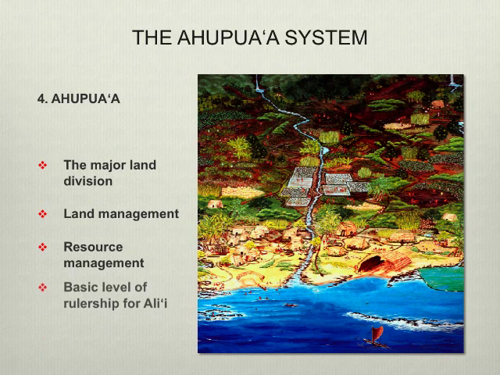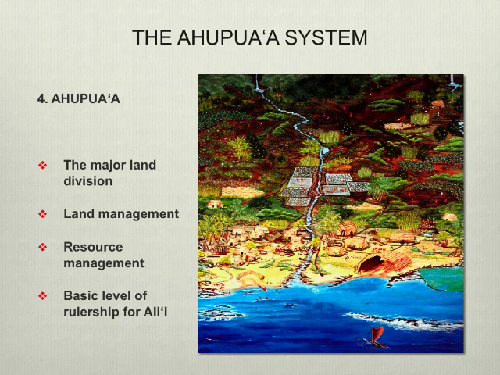So land management, resource management, and when we're looking at our ali'i and the relationship between our commoners and ali'i and the social structure of pre-contact Hawaii, it was the basic level of rulership for an ali'i. It was common when ali'i were given gifts or given titles or conquered, it was at the level of the ahupua'a.